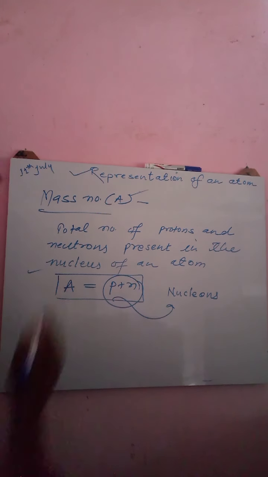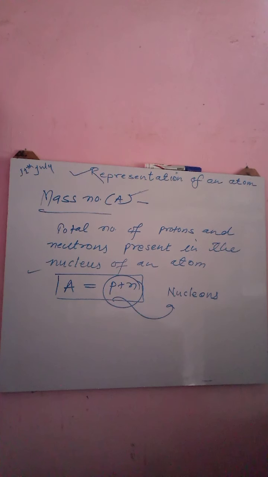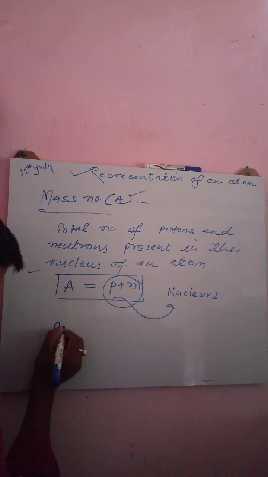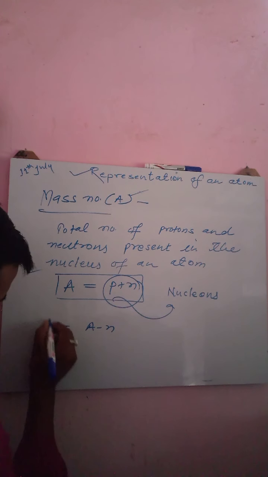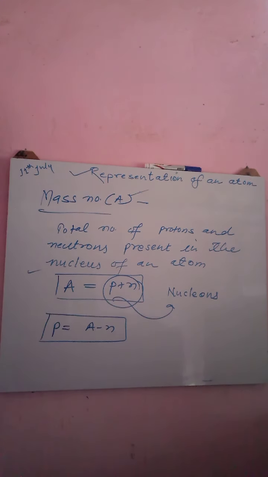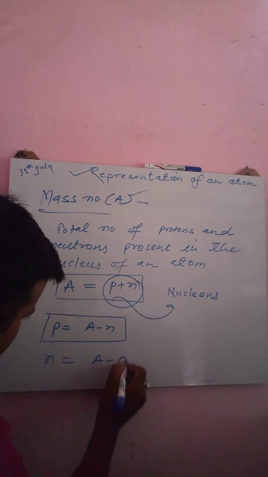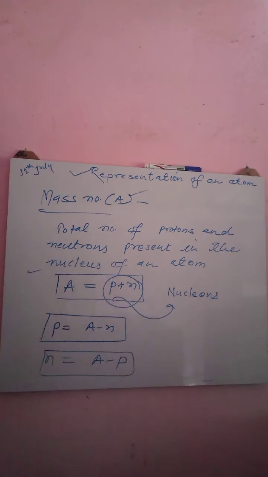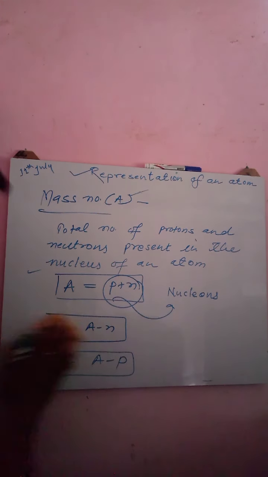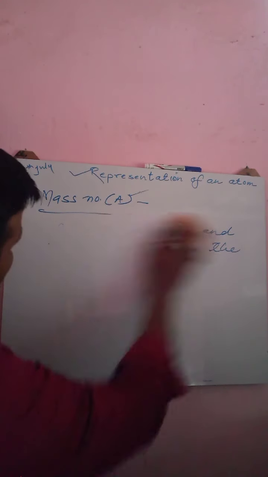We can modify this formula as well. Suppose you want to find the number of protons, and mass number and neutrons are given. Then P is equal to A minus N. Suppose you want to know N, then N is equal to A minus P. Numericals are also asked based on these formulas for atomic number and mass number.